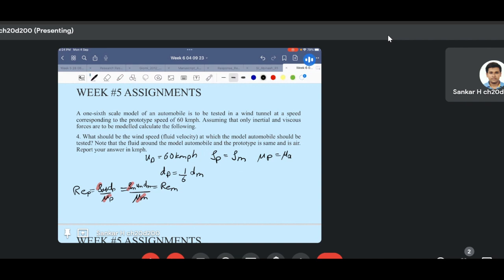Therefore, we can just say that Up times dp should be equal to Um times dm. And we know that Up is 60 kilometer per hour.